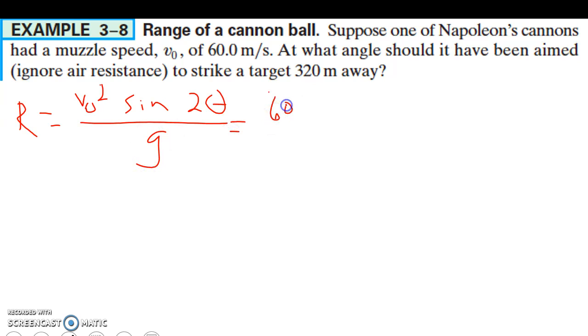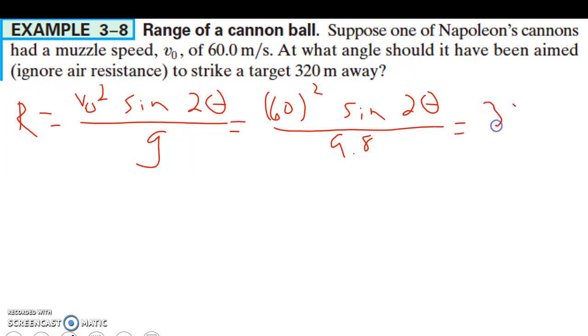So we got 60 squared times the sine of 2 times our angle over g, and we're going to say we're on Earth, and it's going to equal 320 meters. So we got to do some math here. Got to multiply by g and divide by 60 squared, and take the inverse sine, divide by 2. But in the end, we'll get our angle. And that's how we can solve this problem.